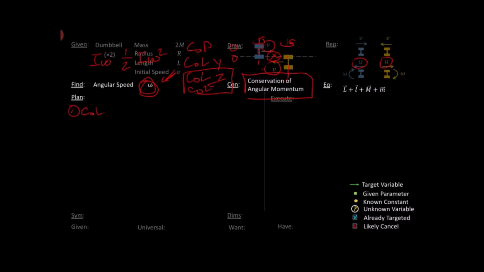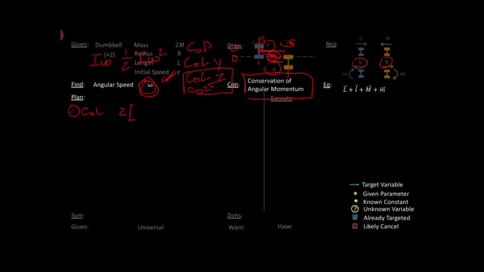So we have 2 identical dumbbells. So they have the same angular momentum coming in. And this is the linear angular momentum around this point, around this x.